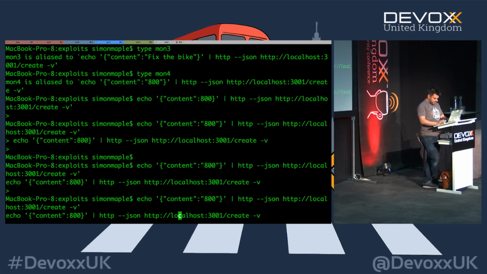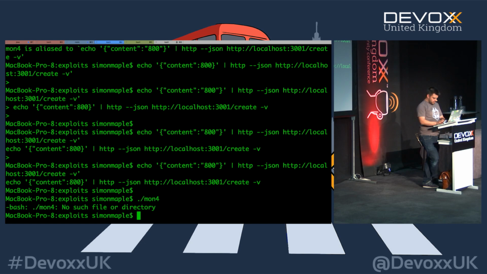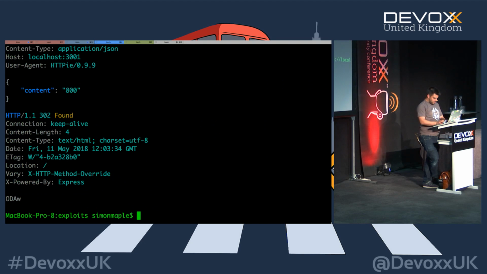So I'm echoing there and there. There we go. Okay, so I'm passing in that content with 400.